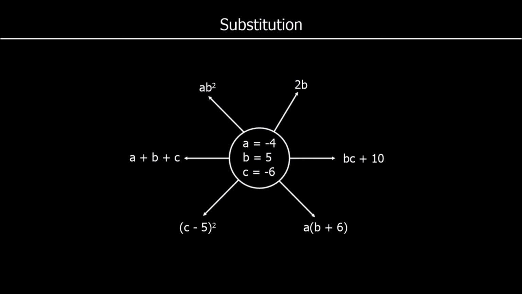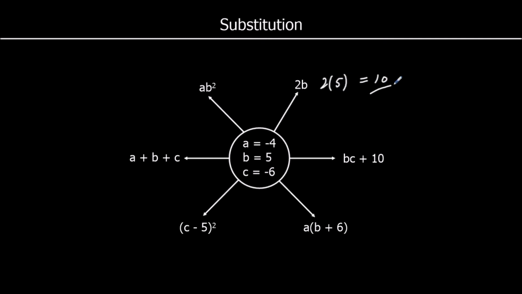And in these questions, we're going to change a into -4, b into 5, and c into -6. So I'll start with 2b. I'm changing b into 5. So 2 times b, 2b means 2 times b, becomes 2 times 5.